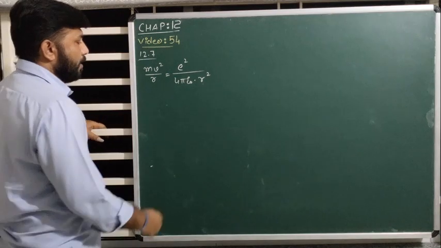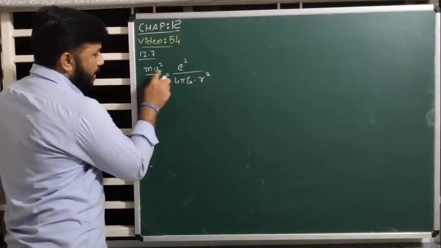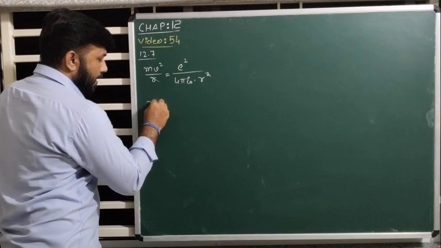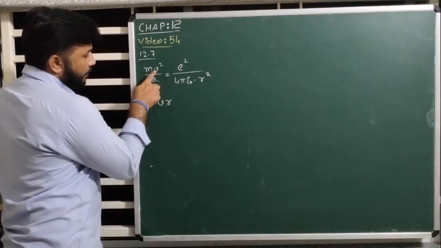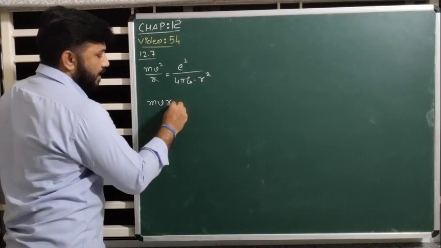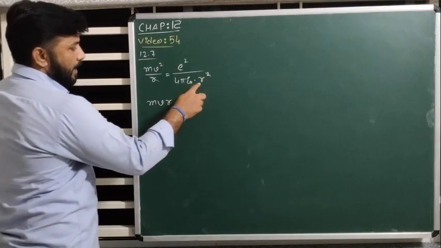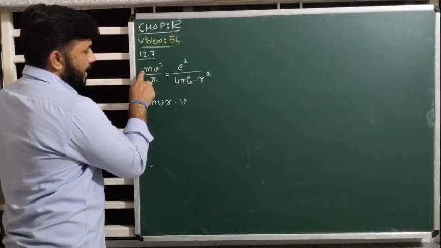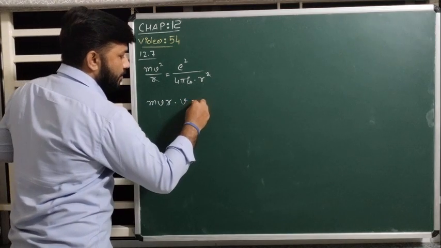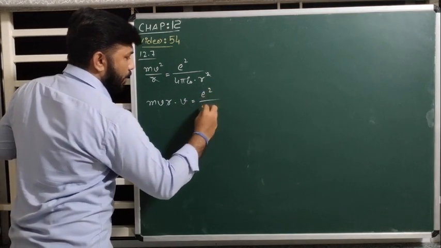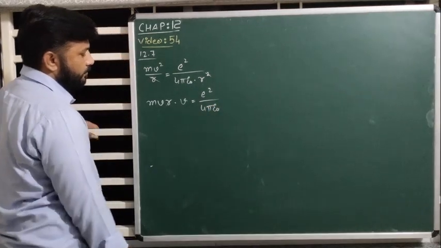Here r will cancel out, right? Take r on this side, so we are getting mv r. Split v square into v multiplied by v. So take r on this side, that is mvr, what we remain is equal to e square upon 4 pi epsilon 0.